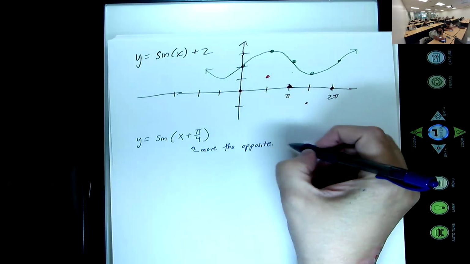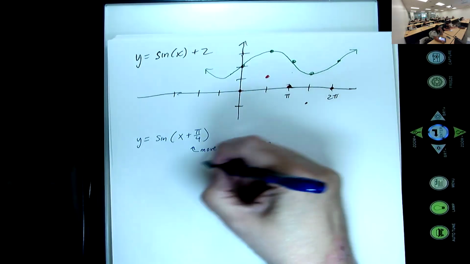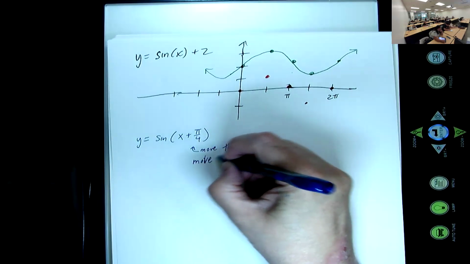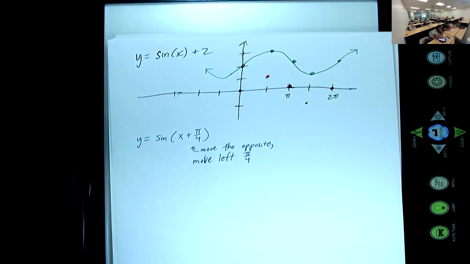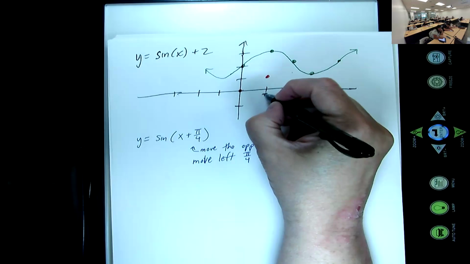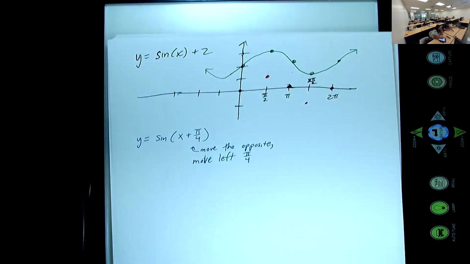So it's positive pi over 4, positive generally to the right, so here we would move left pi over 4. Since each of these little points is pi over 2, the pi over 4 is like halfway.